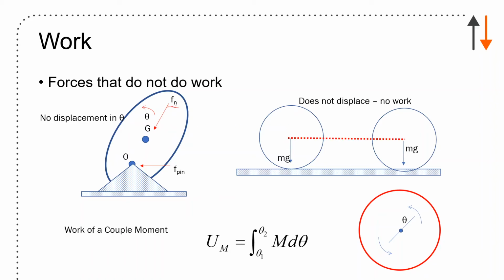With rolling, the center of mass displaces in the horizontal direction, and we already know that displacement in the horizontal direction doesn't count towards work. And then for a couple moment, we also have nothing because it displaces a negative amount in one direction and a positive amount in the other.